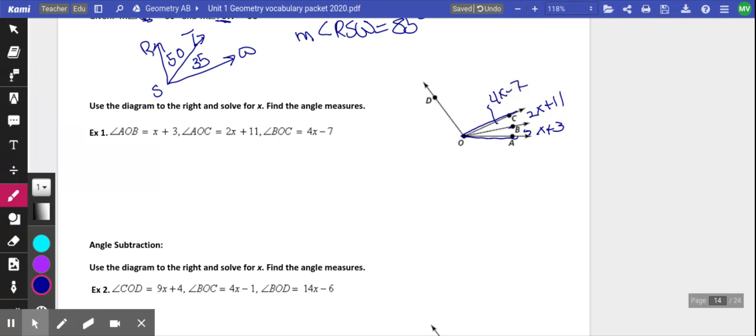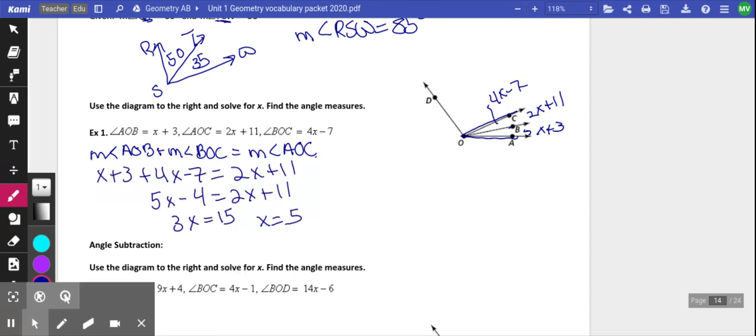So if we look at that drawing, we know that measure of angle AOB plus the measure of angle BOC is equal to the measure of angle AOC. And then you're just going to do that algebra. So I'm going to pause. Okay, so I paused and I quickly did that algebra. That gives me that x equals 5.